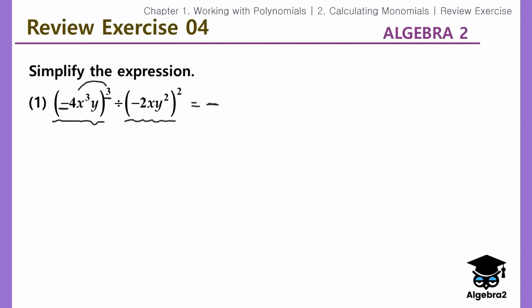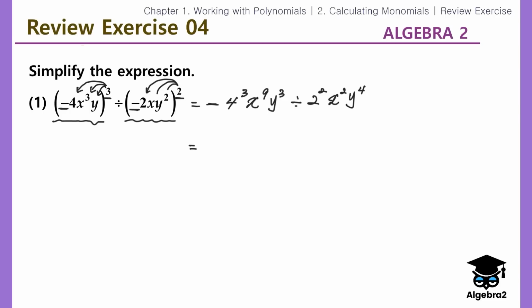So we have 4 cubed, and x to the 9, and y cubed, right? Y cubed. Divided by, here, negative is multiplied 2 times. Even number of times, that's positive. So 2 squared, x squared, y to the 4.